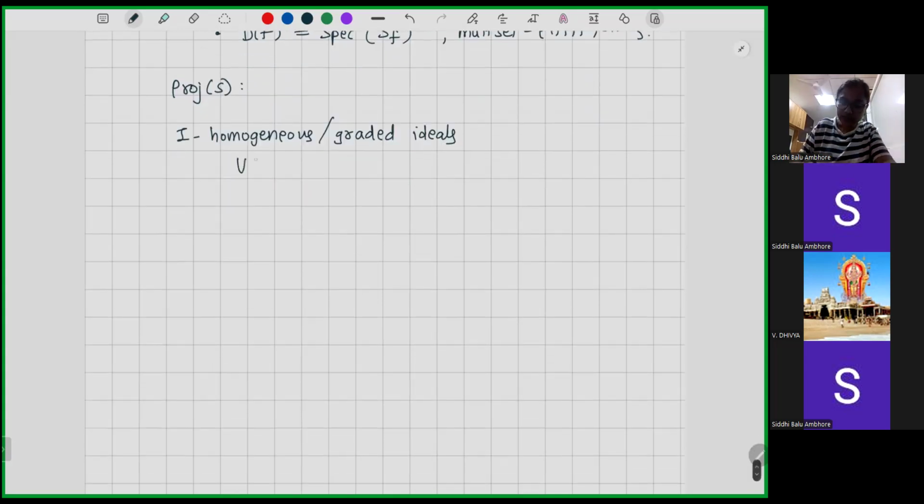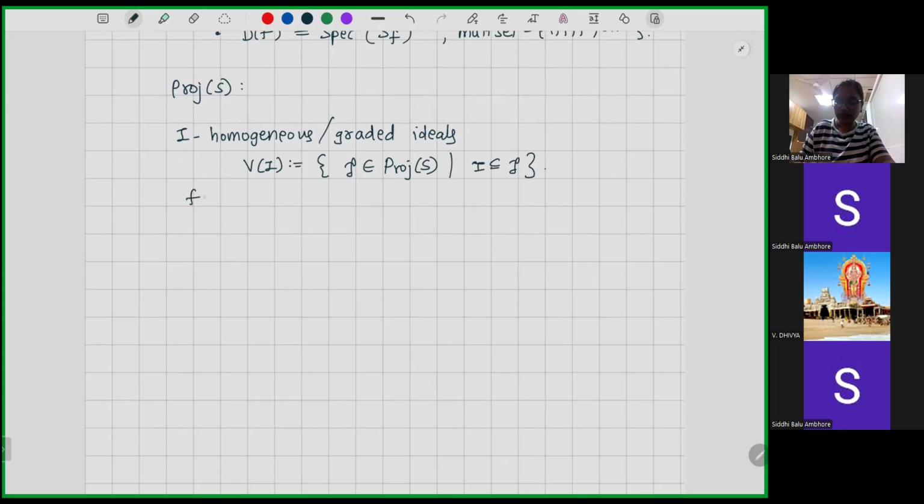In this case, we can define V of I in Proj the same way: all those P in Proj S such that I is contained in P.